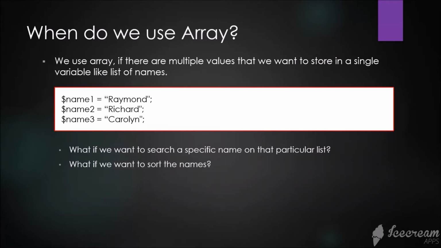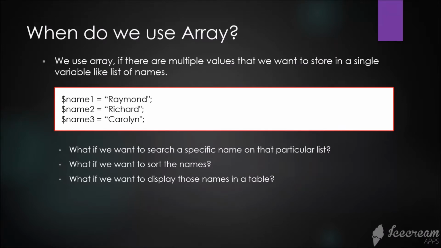Then what if we want to sort the names? Or what if we want to display those names in an HTML table? It's difficult if there are already a lot of names in our list.